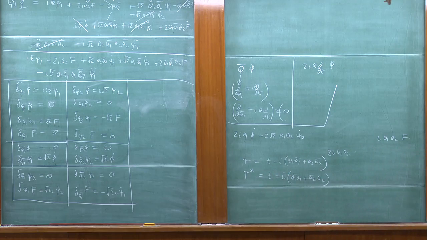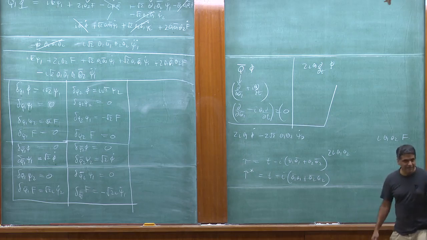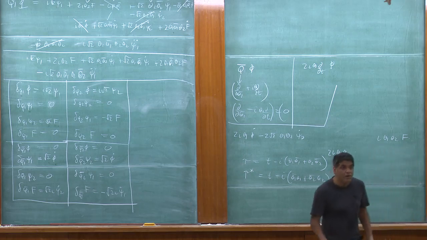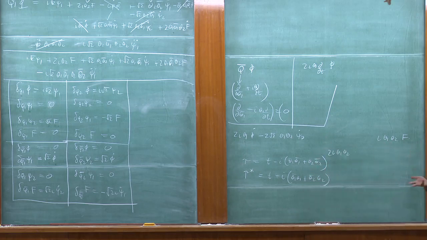You flip 1 and 2 and complex conjugate the fields. The fields as a function not of tau but as a function of time. Okay? So every time you see a field you put a star. Just complex conjugation and flip theta and theta bar.